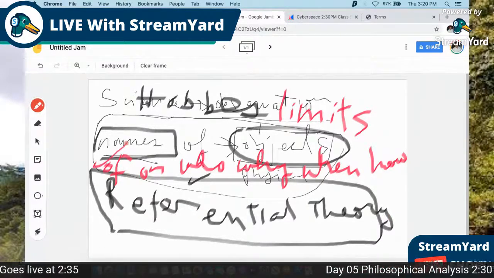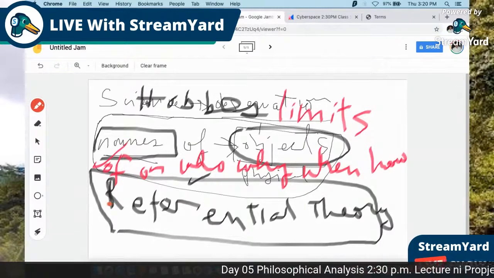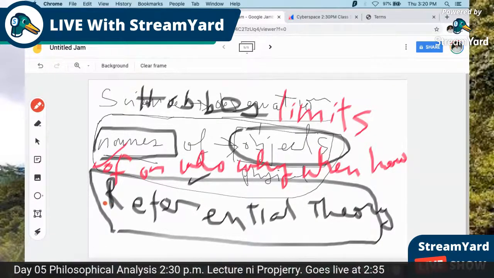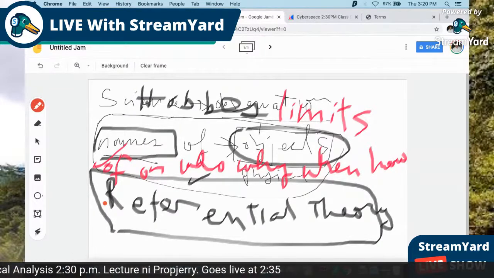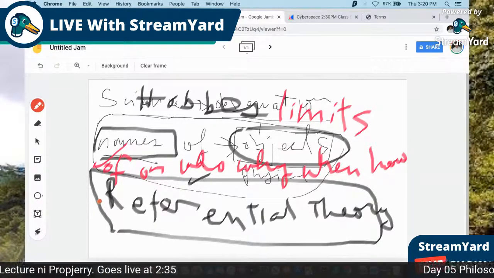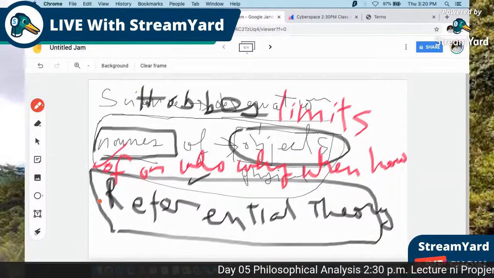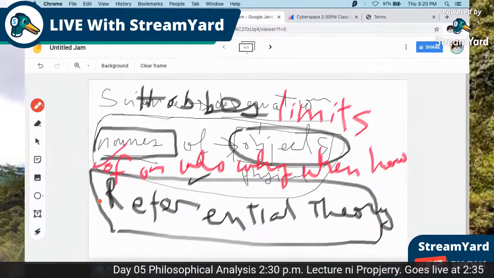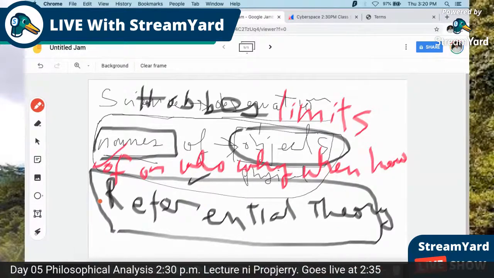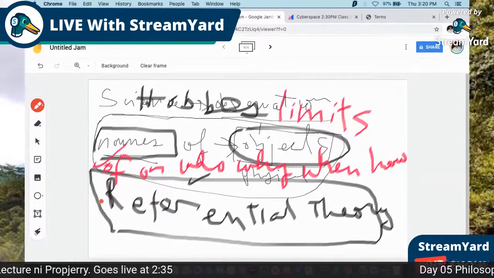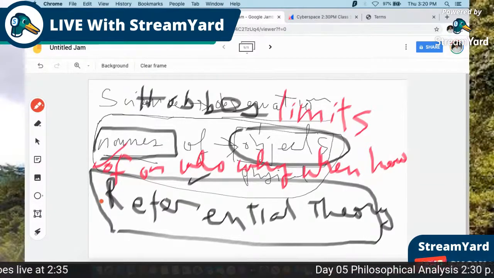Besides, some words, even if the object is gone, are still meaningful. In our case, say for example, Babylon. Babylon as a word used to be meaningful because it referred to an object. What object? The city of Babylon.